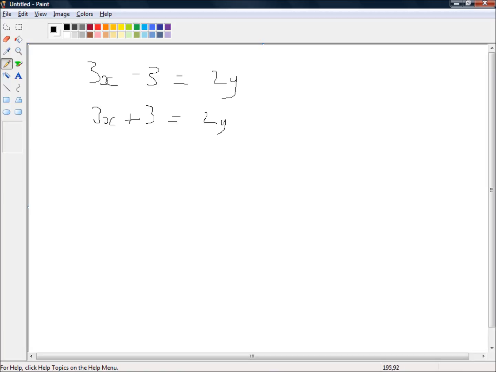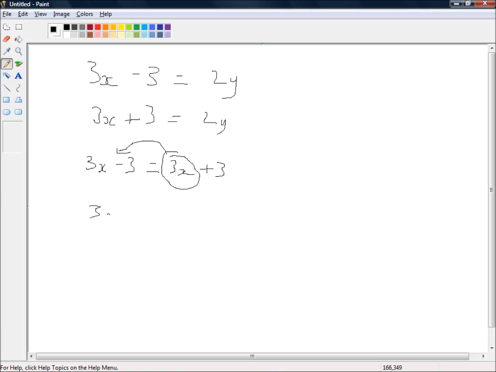So if 3x minus 3 is equal to 2y and 3x plus 3 is equal to 2y, they're both equal to 2y, therefore they're both equal to each other. So 3x minus 3 is equal to 3x plus 3. So moving the terms around, I'm going to take the 3x from here and bring it over to the left hand side.